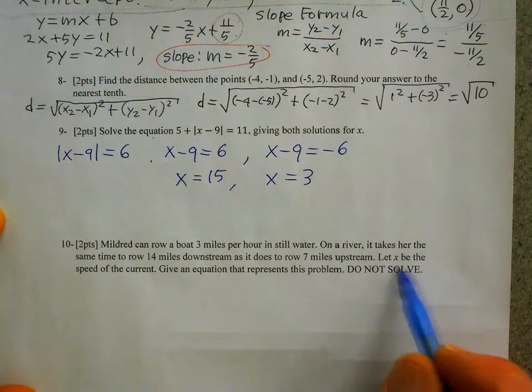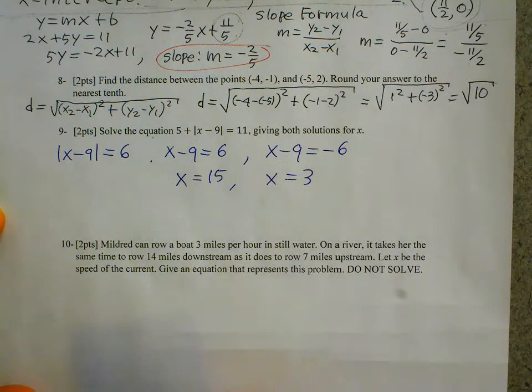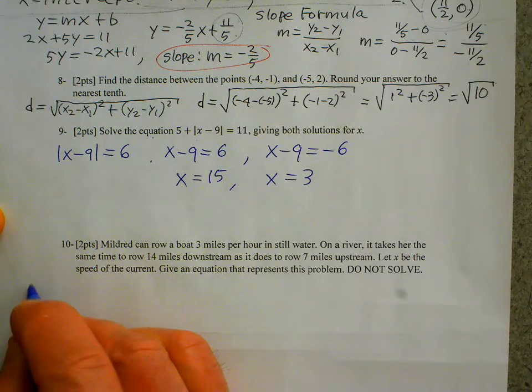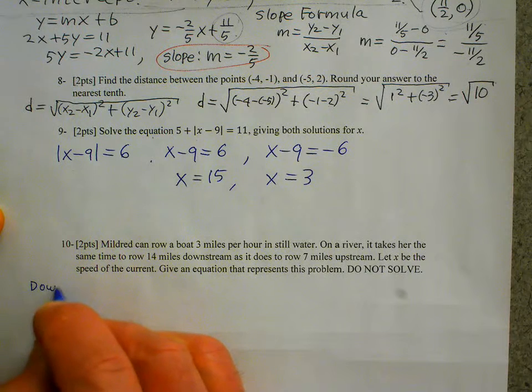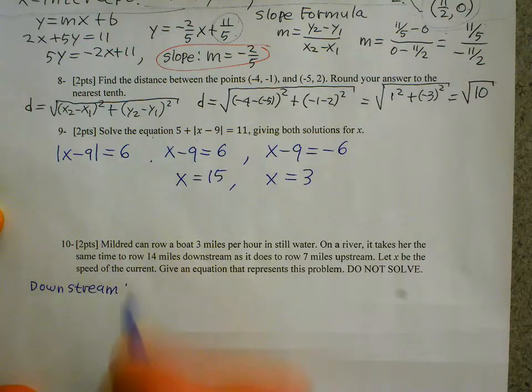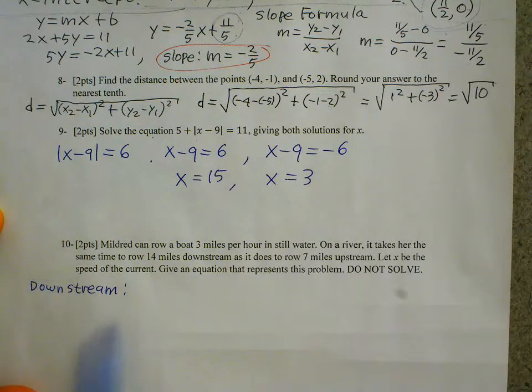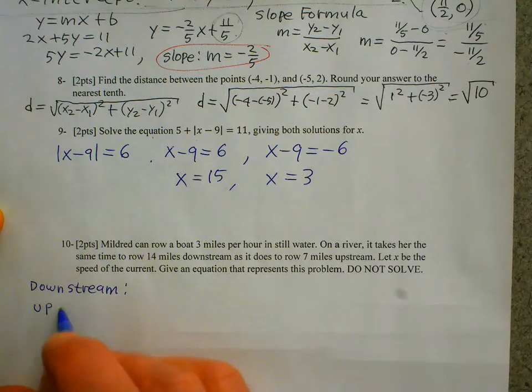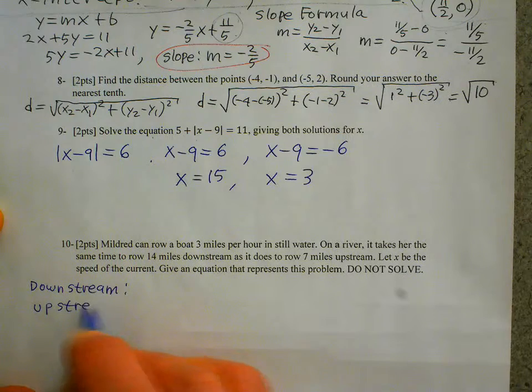And we're going to let x be the speed of the current. So the first thing we'll do is we'll set up an equation representing the trip downstream, and then another equation for the trip upstream.